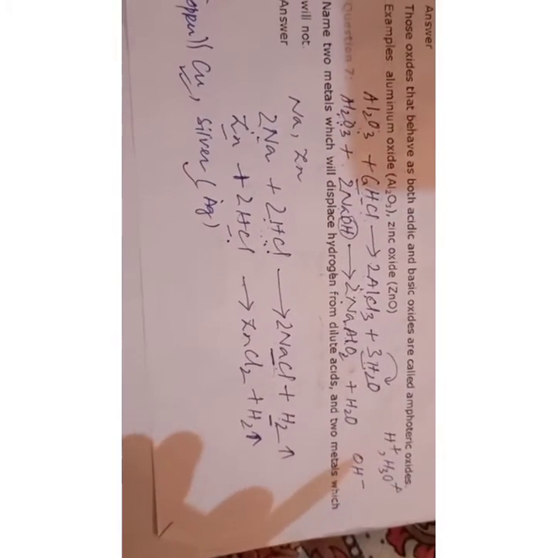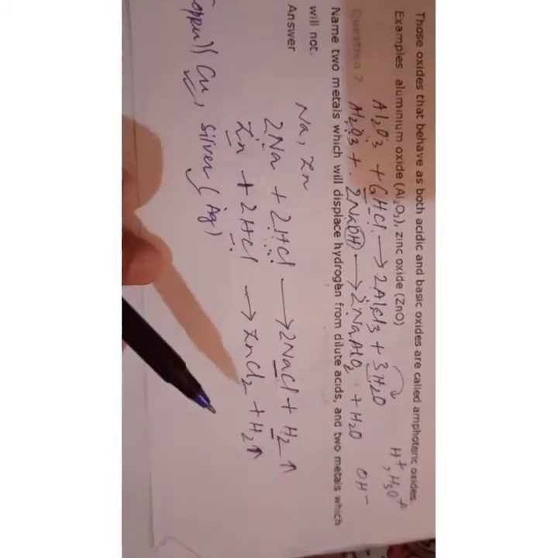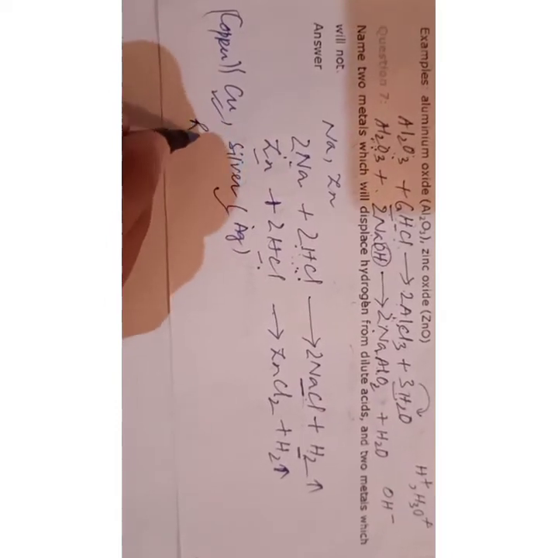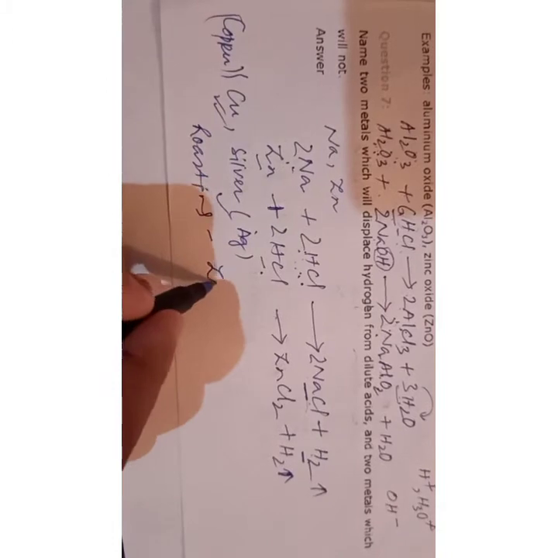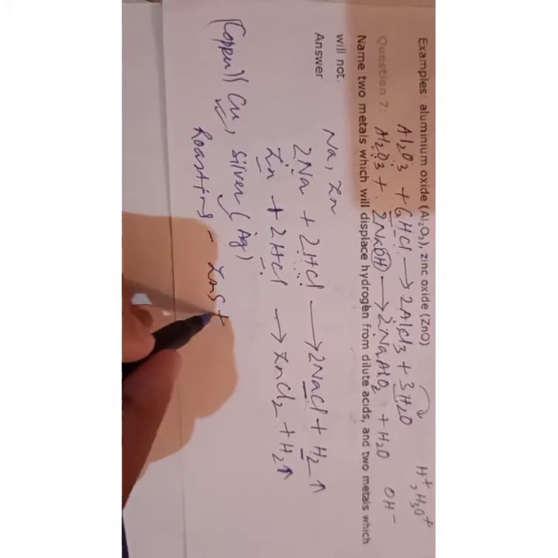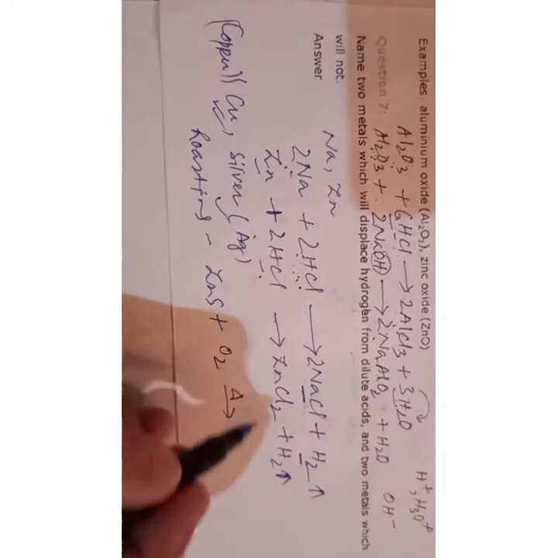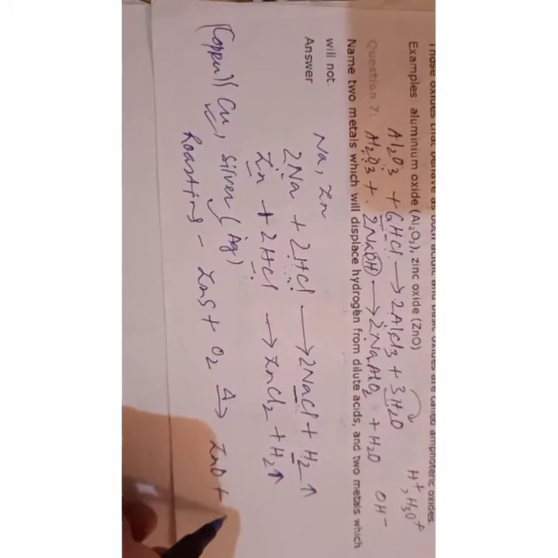So you can cite an example by taking zinc sulfide with oxygen. After heating, this will form zinc oxide. In case of roasting, I am citing ZnS, that is the sulfide, with oxygen, which is gaseous, heat. Then this will form ZnO, zinc oxide, plus SO2.